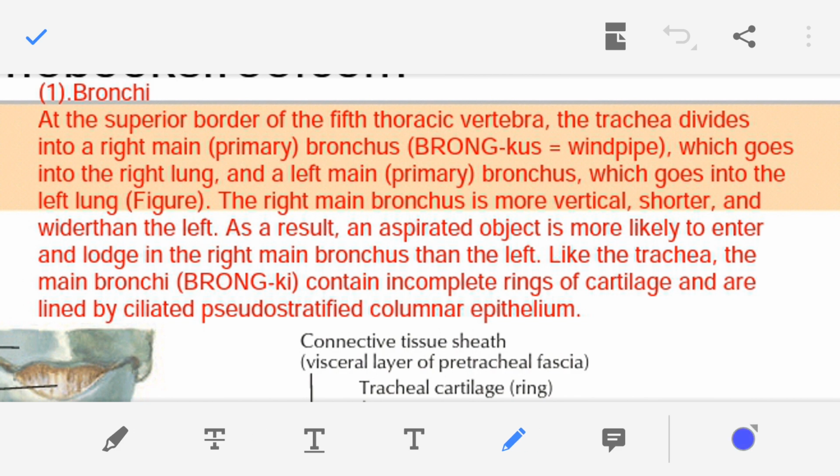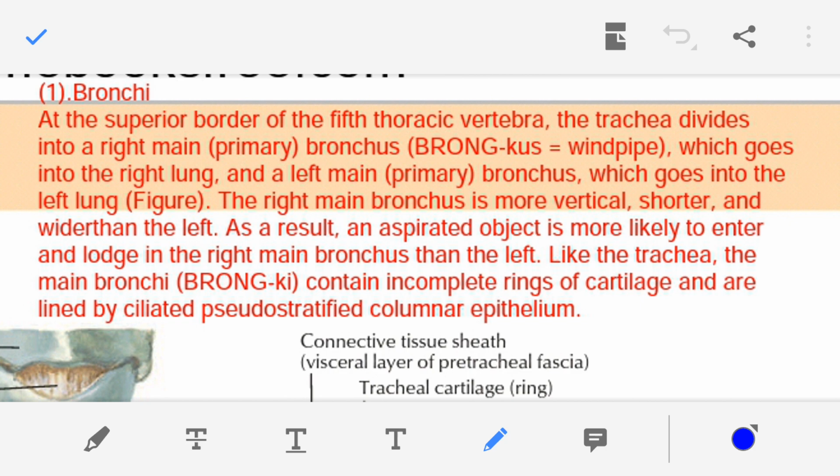Now, we know in our respiratory tract we have the trachea, and this trachea divides at the superior border of the fifth thoracic vertebra into two branches, the left branch and the right branch. Both these branches go inside the left and right lung.